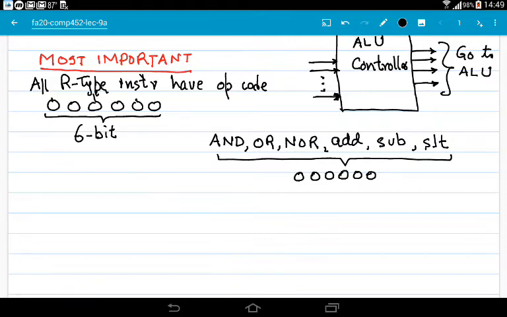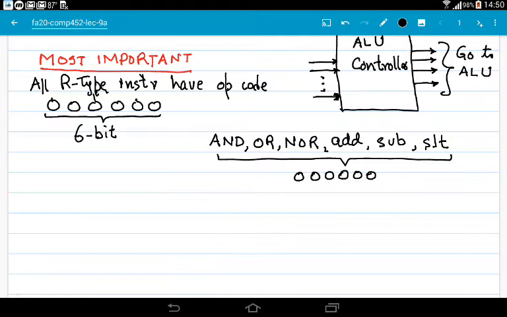Main controller, basically the point is that since opcode bits are all 0 for all R type instructions, there has to be some way of knowing which operation to perform.